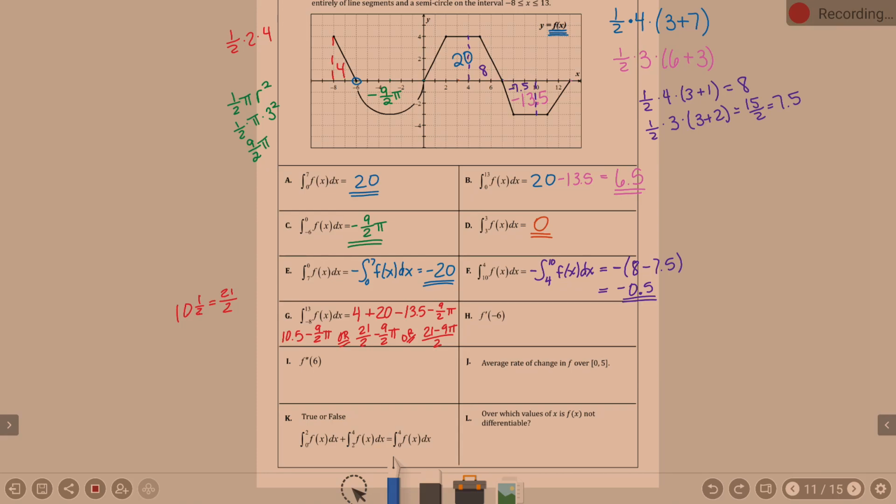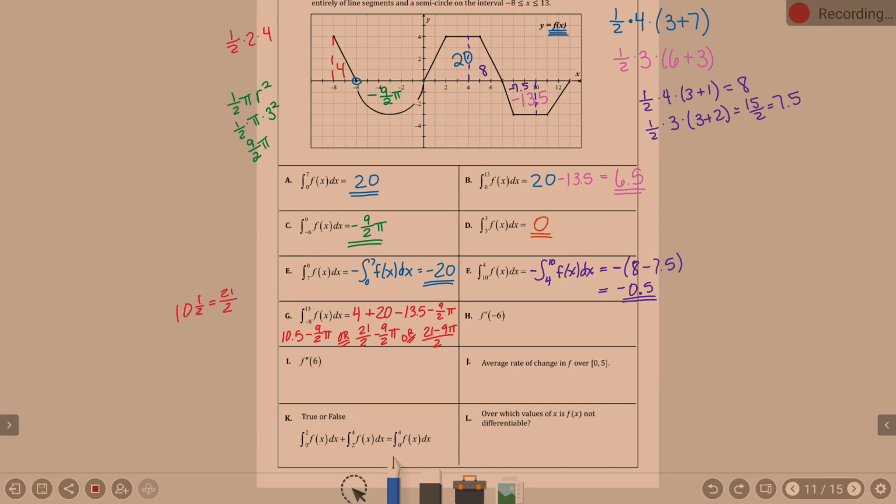So if there's a curve, you can draw in the tangent line. If it's already a straight line, it's just the slope of the straight line there. What's going on at -6? Not 0. What kind of point is there? Sharp cusp.